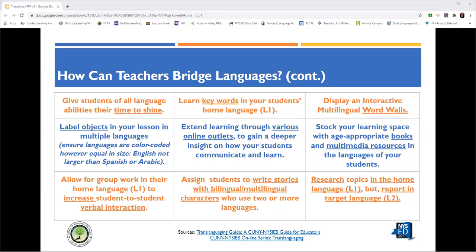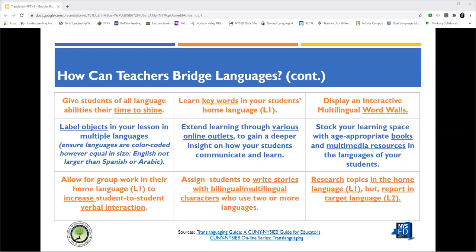For teens, something like graphic novels can also lend itself to comparing the two languages and getting a visual in addition to the translations. When grouping students for collaborative work, you can allow students with the same home language to work together, and this allows them to receive a deep understanding of the assignment.